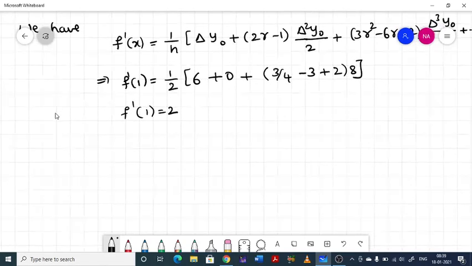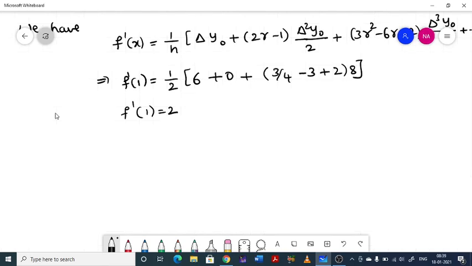Next, the value of x will be 3, because we need to find f double dash of 3. So x will be taken as 3 and r will be x minus x naught divided by h, 3 minus 0 divided by 2. So r will be 3 by 2.